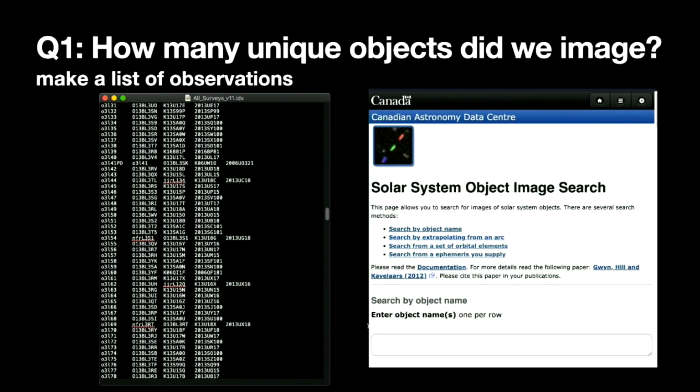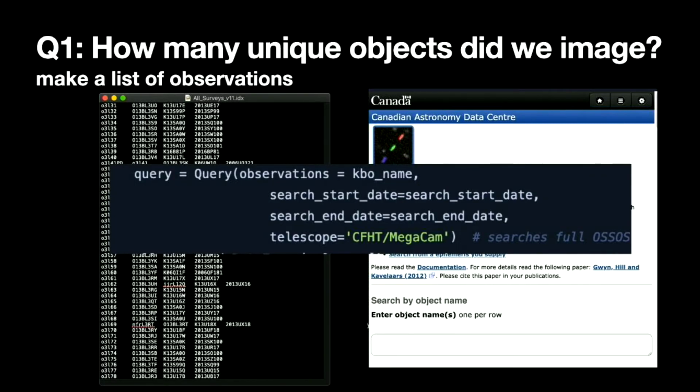It would take a ton of time for me to go through every single object I was interested in, because on the left are the names of all the objects that could have been observed by the U-band survey, and it would have taken a lot of time to put them in individually through this search. So thankfully, I could just query their API.